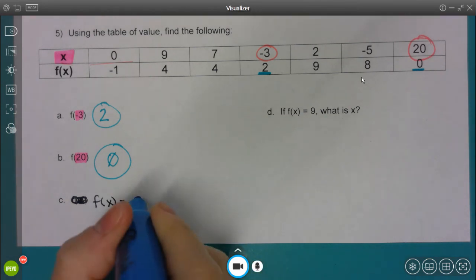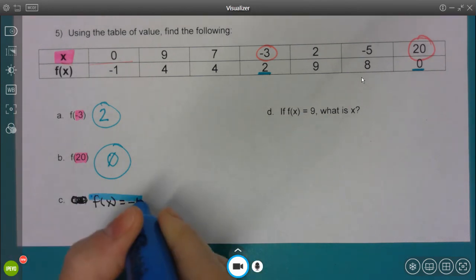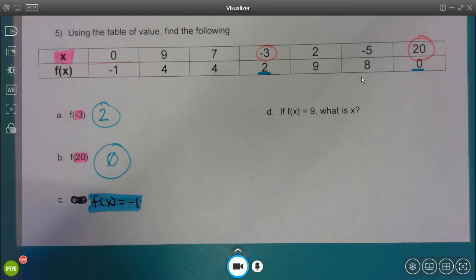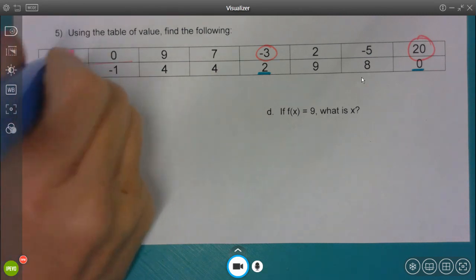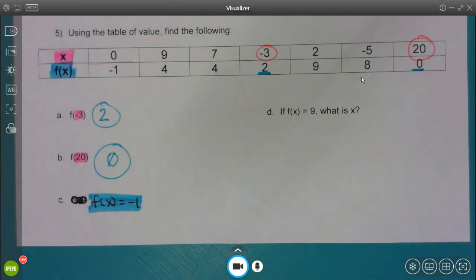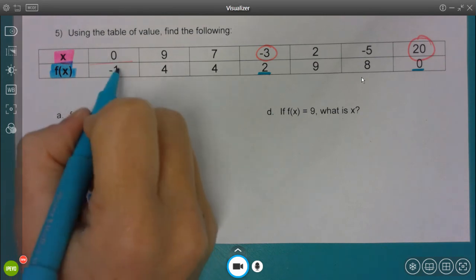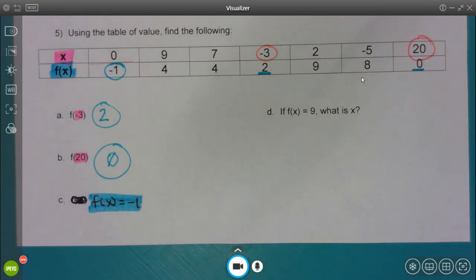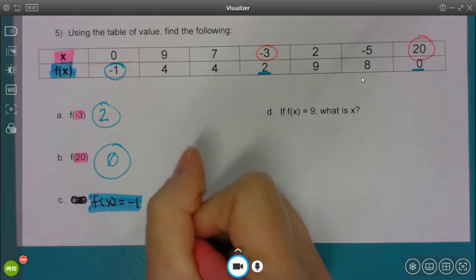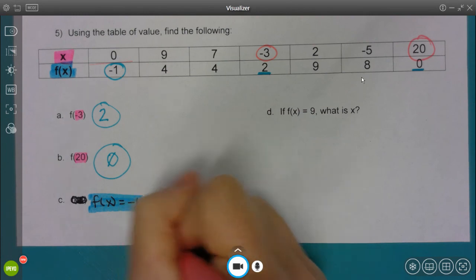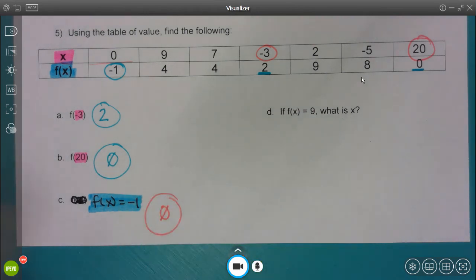In this case, I know what my function is equal to. I know my output. So I have to find where my output is -1, which is right here on the table. So my answer for C would be 0 because that is an input value. I could also say x equals 0 if that's helpful.